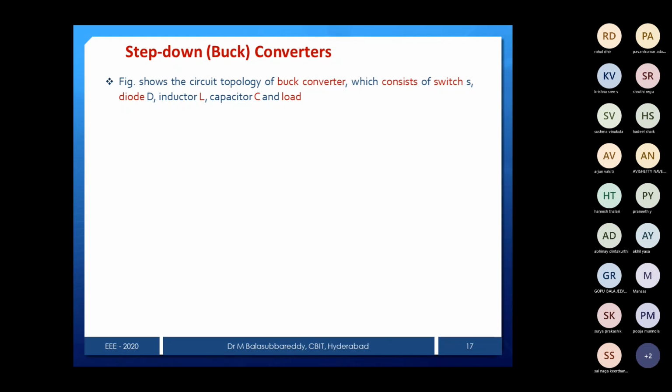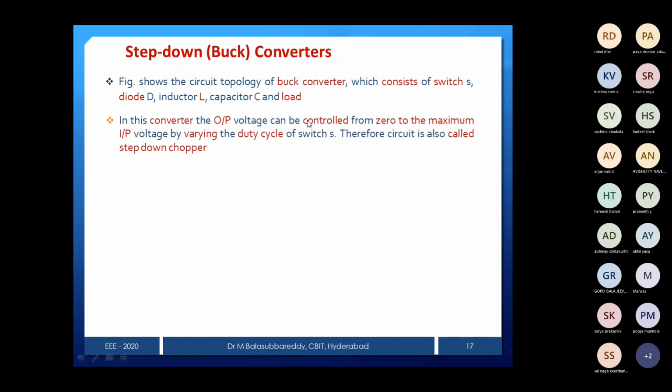Now we can start as usual. There is a buck converter, consisting of a switch, diode, inductor, capacitor, and the load terminals, and the output voltage can be controlled from 0 to maximum. Why this statement? Because it is a buck converter, which is nothing but a step down.